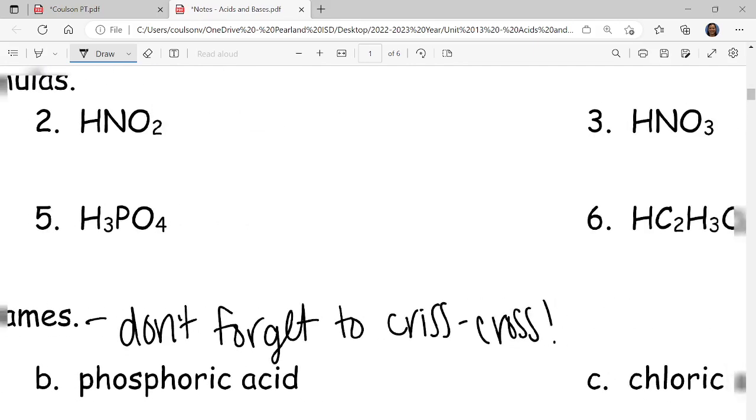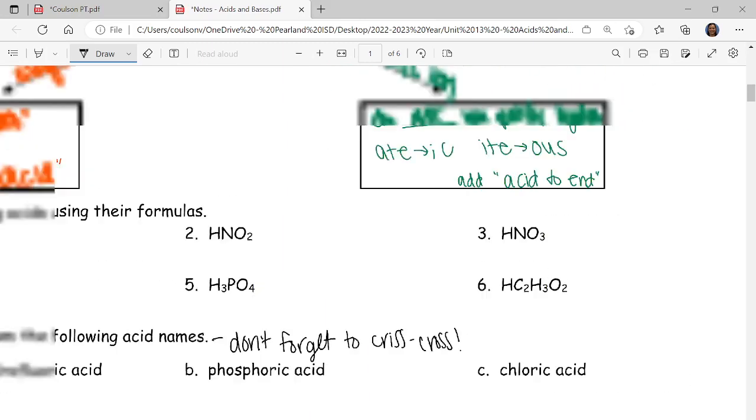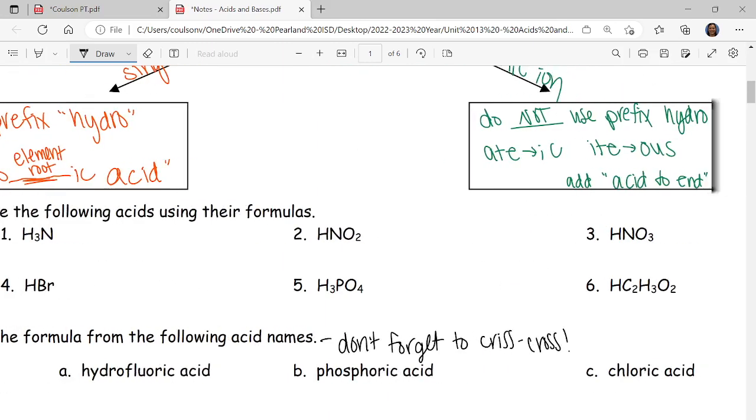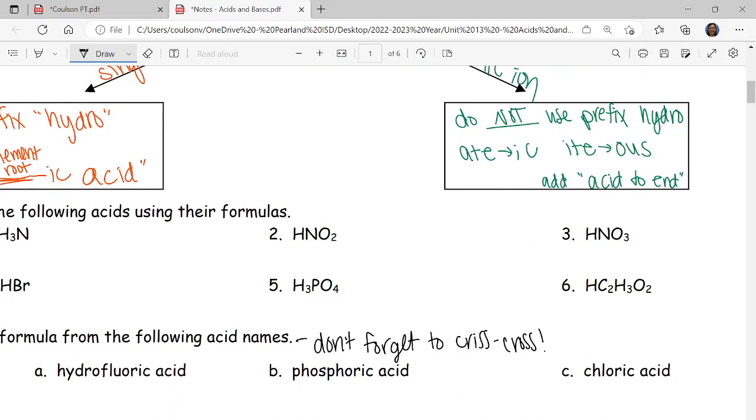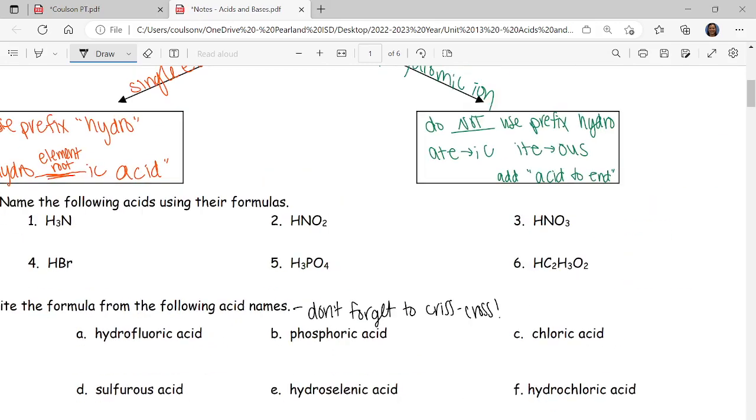So crisscross their charges. Hydrogen always has a +1 charge, so you don't really get an extra subscript from that one, but sometimes you need to put a subscript on it like this. So that 3 came from crisscrossing from phosphate. So I'm going to pause here real quick, give you a second to work on that, and then we'll come back and check our answers.